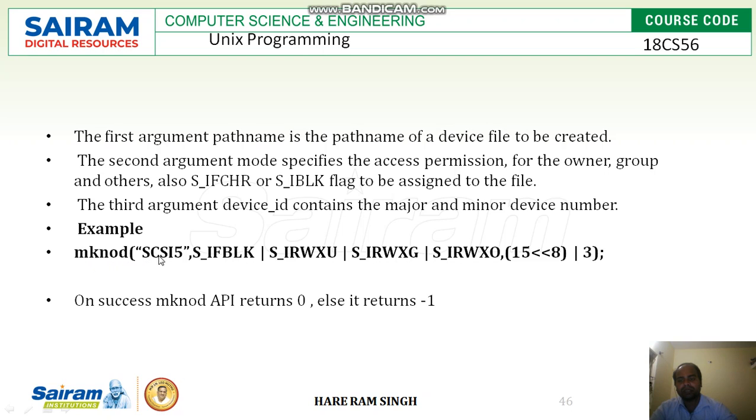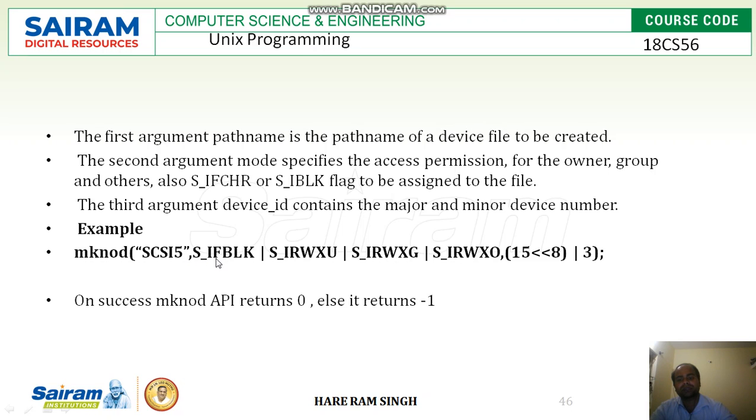So here we can see mknod, where we are creating a path name or device file name. Then S_IFBLK means it is a block device file. Here the device file can be of 2 types: either a character device file or a block device file.